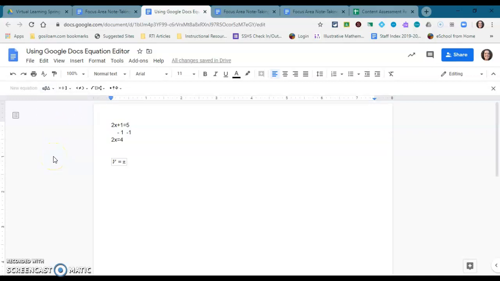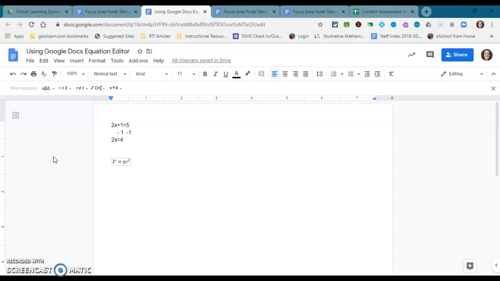So the formula for a cylinder is pi times the radius. I'm going to type r, and if you want to do a squared, there are two options. You can hit Shift and the number 6, which shifts you up, and the reason I know that is because there's that little arrow or caret symbol above the 6, and then type in your 2.